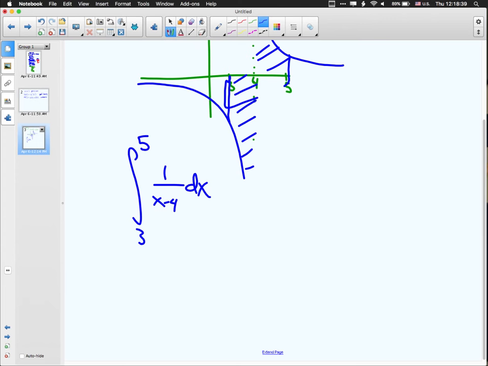But to get from 3 to 5, we've got to go through 4, which means we'd have to divide by 0. And that's naughty. We're not allowed to do that. So no. Anytime you're going to have an imaginary number inside the integral, or anytime you're dividing by 0, then we're going to call that not integrable.